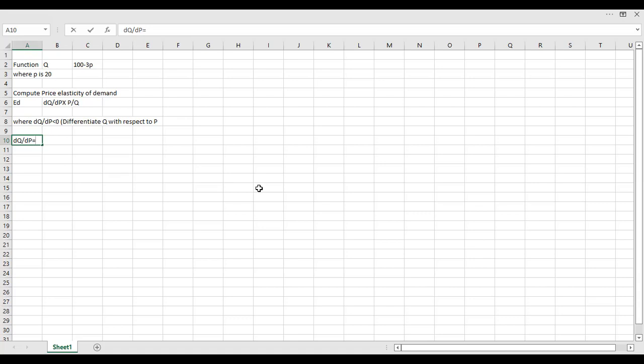It will be equal to minus 3. And we're told that price is given to be 20. So we need to differentiate this, by substituting.